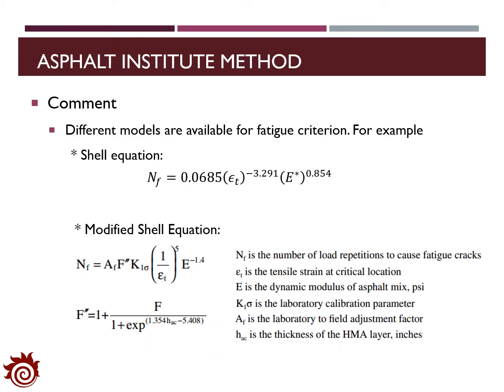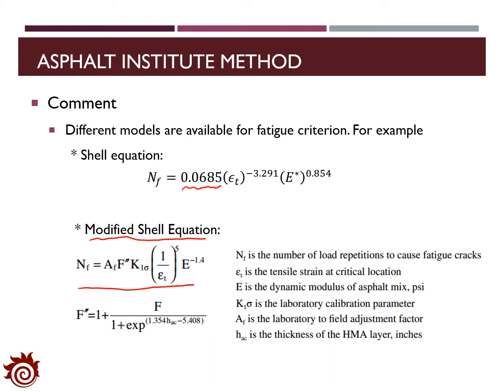In the AI method, we can actually apply some other models for the fatigue criterion. For example, we have already introduced the Shell equation where we will apply the new constant coefficient 0.0685. Also, we can use the modified Shell equation, which is shown in the formula here.